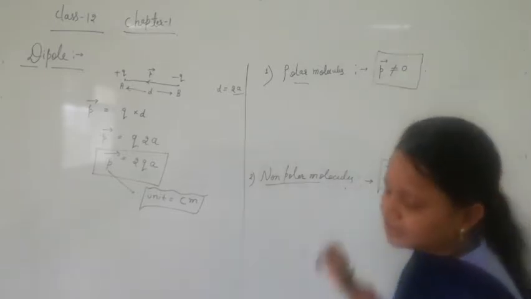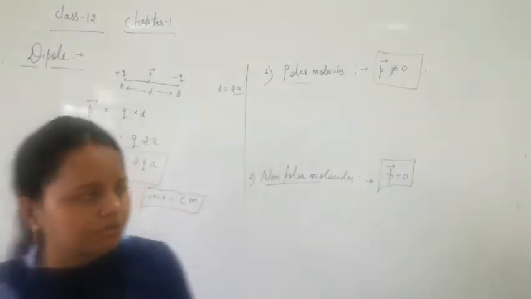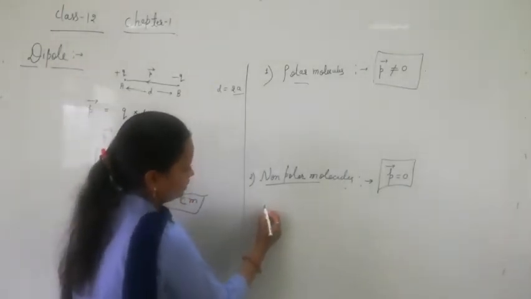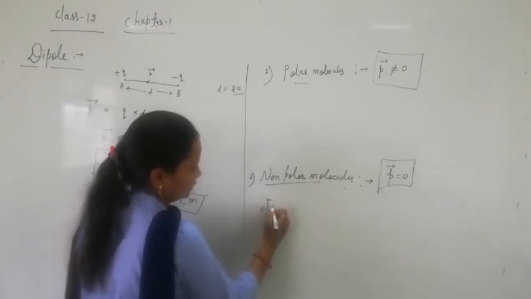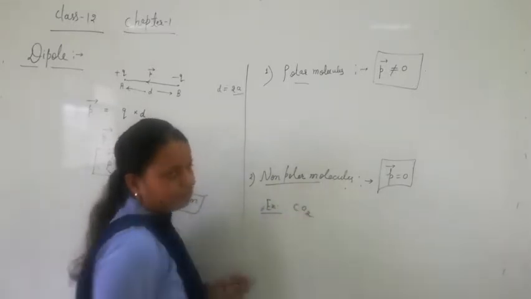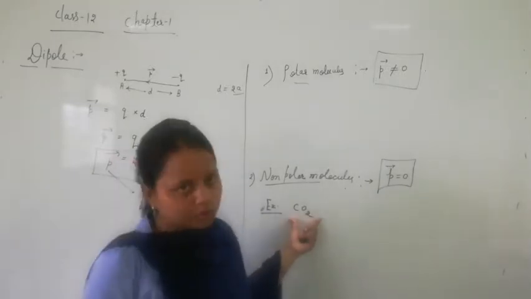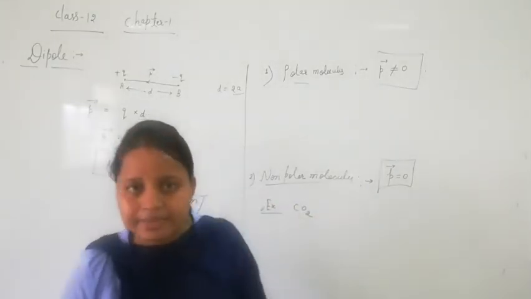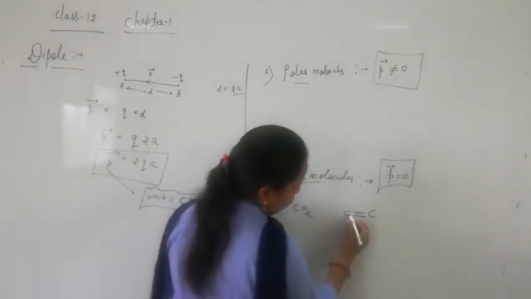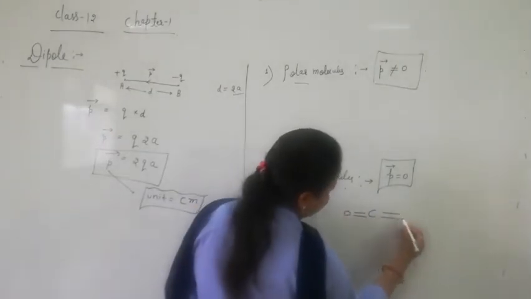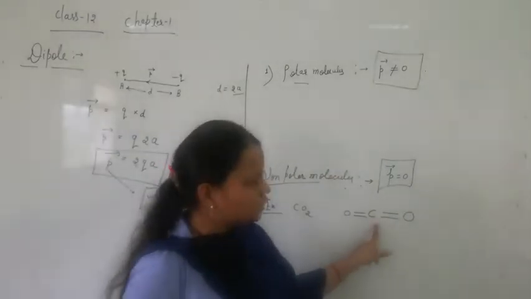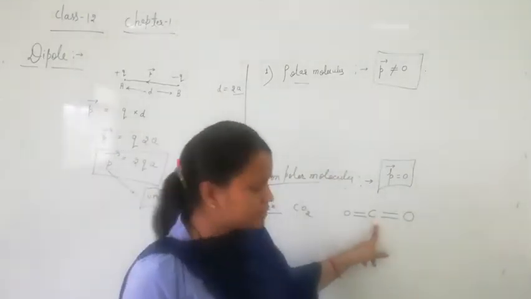So what is the example of polar and non-polar molecule? The first example is CO2 gas. What about the molecule of CO2? CO2 has a linear structure: two oxygen atoms and one carbon atom, carbon having 4 valency.